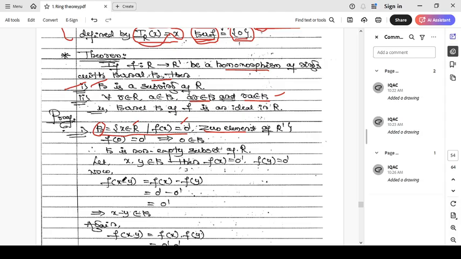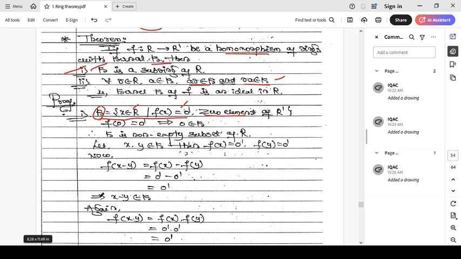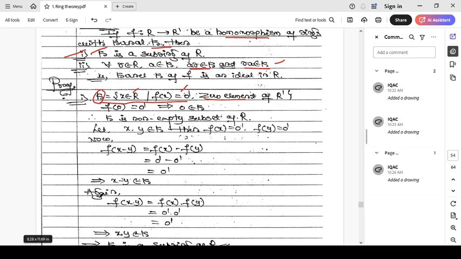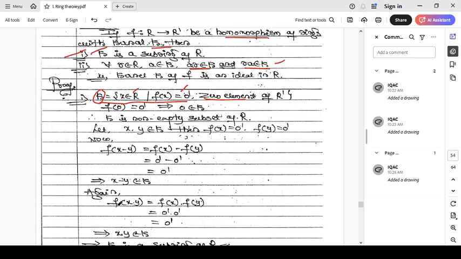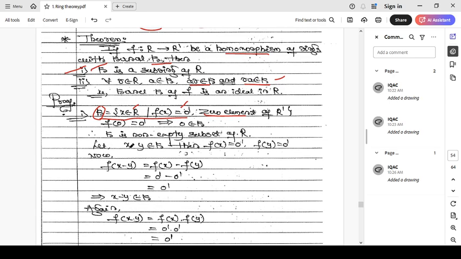So you need to show these two things: a minus b belongs to S and a into b belongs to S. That's it. So here we have K.